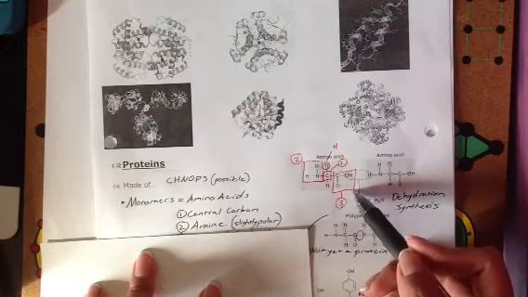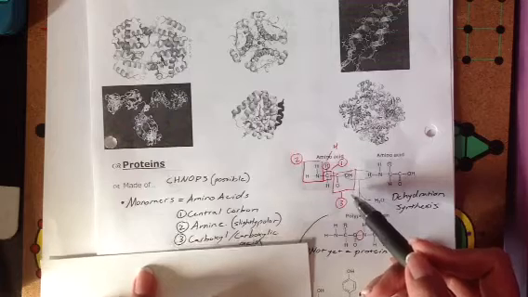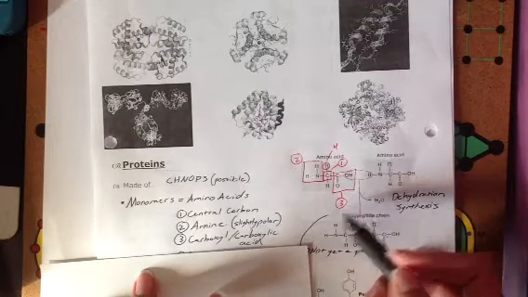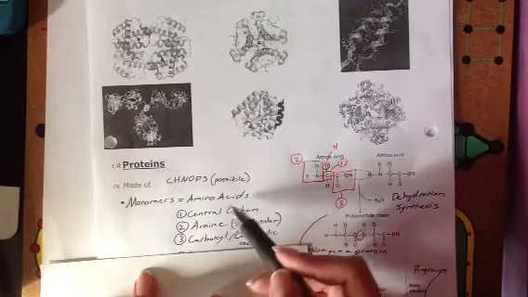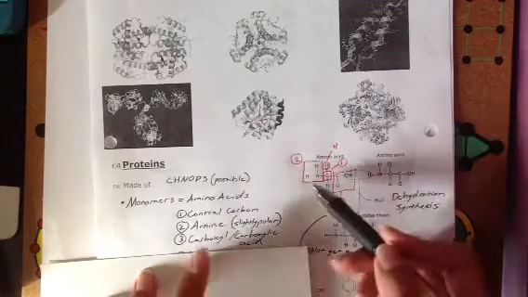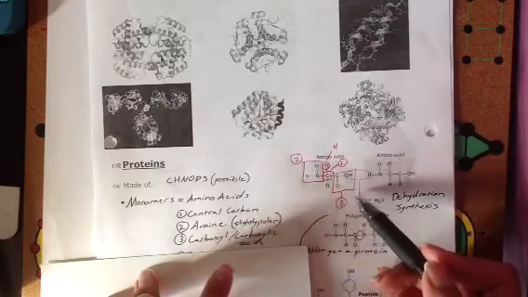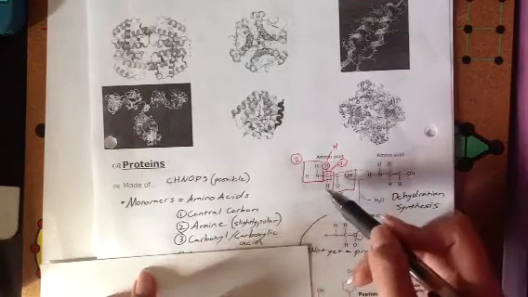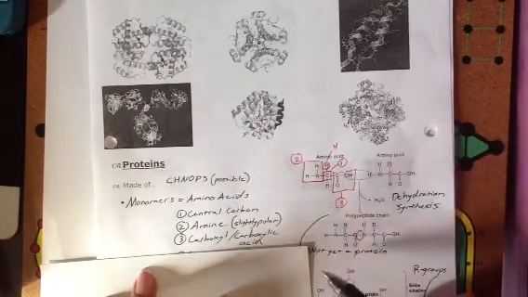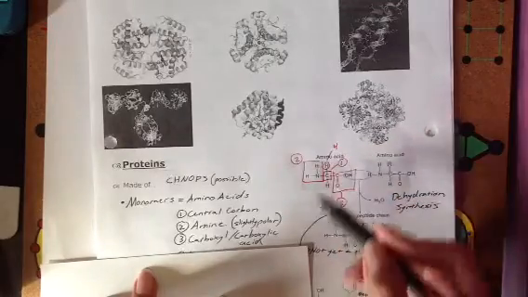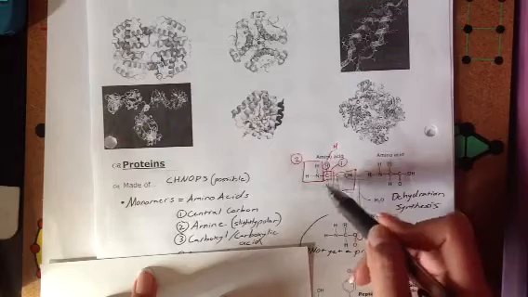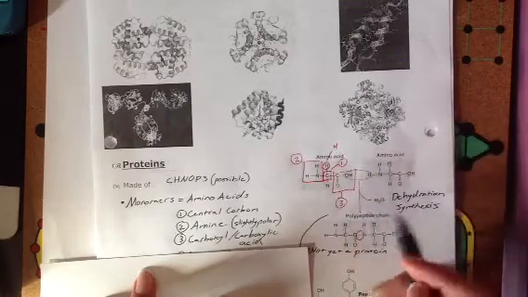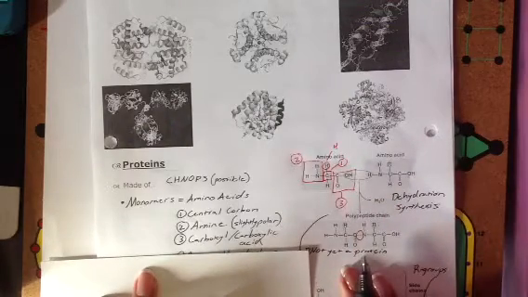So the third group that we have here is the carboxyl group, and sometimes it's also known as the carboxylic acid. And so that gives us the acid in amino acids. So amino acid, okay? And there's also a little hydrogen that's always attached to that central carbon, because carbon, again, because of its electronegativity, wants to form those 4 bonds. And those 4 bonds are going to be covalent.